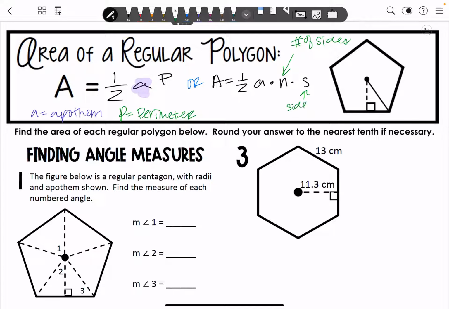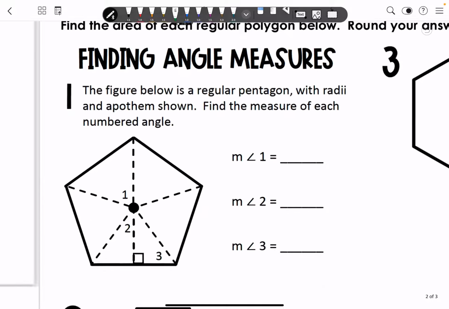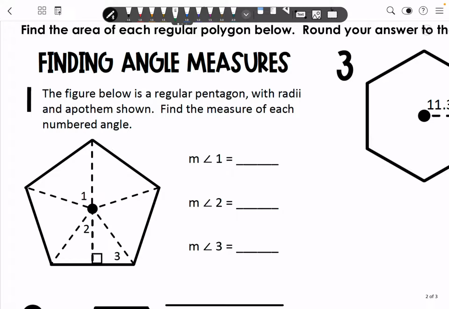It's the side length, which N times S, that is our perimeter anyways. When you're adding all of them up and it's a regular polygon, they're all equilateral and equiangular. So let's find the angle measures of this regular pentagon first, and then we're going to find the area of the different polygons that we have been given.